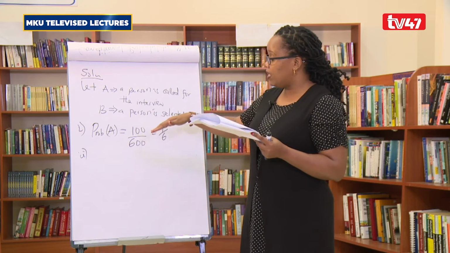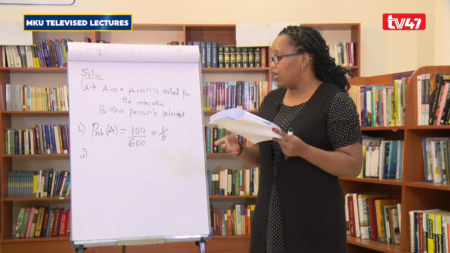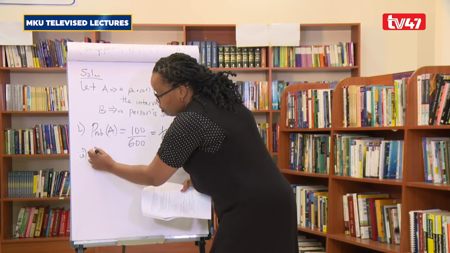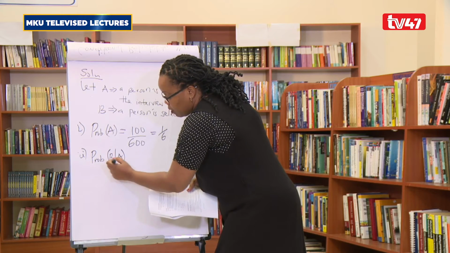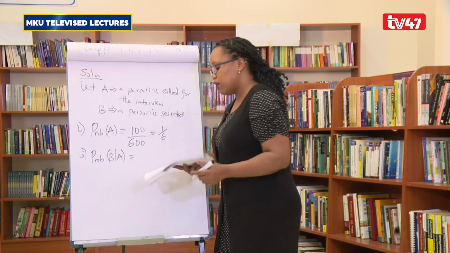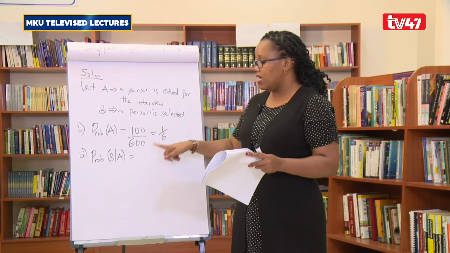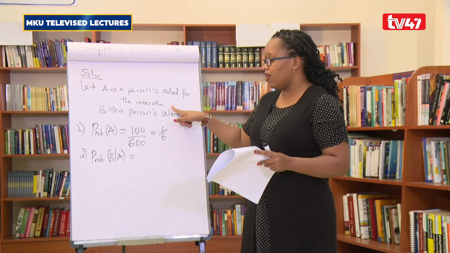Being called for the interview is A. So how do we interpret that mathematically? So this will be probability of B given A, which ideally reads as probability of B, which is a person is selected, given that A has already occurred, that is, a person is called for the interview.